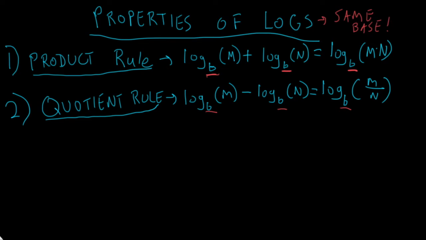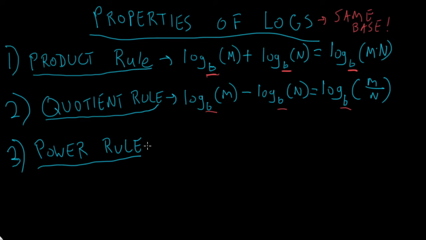And then lastly, we have what's called the power rule. When we have the power rule, this is when we have a number, call it p, times log base b of m.